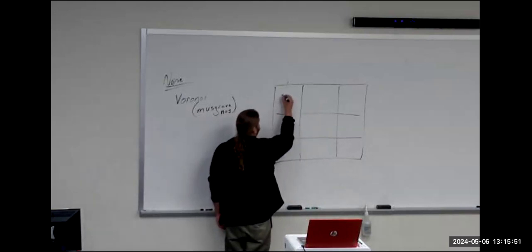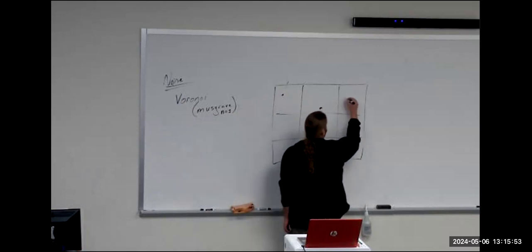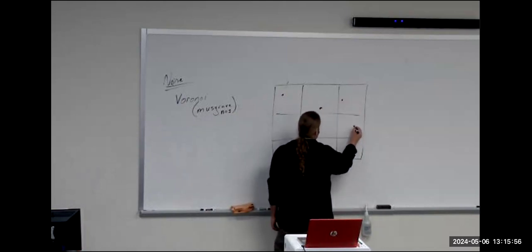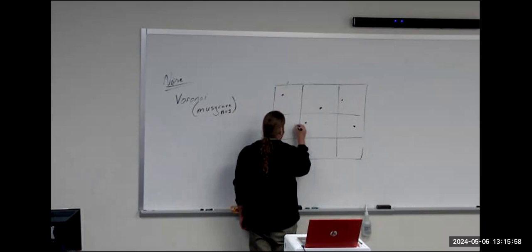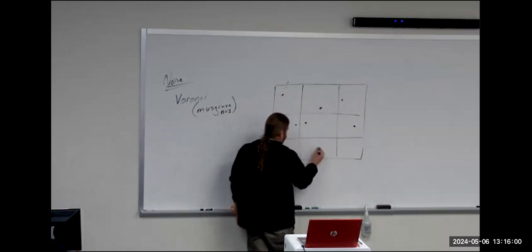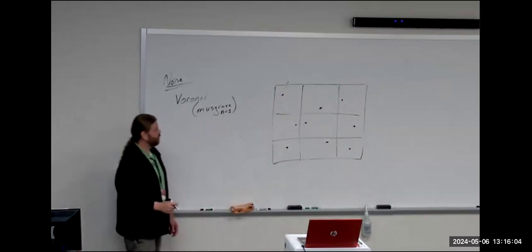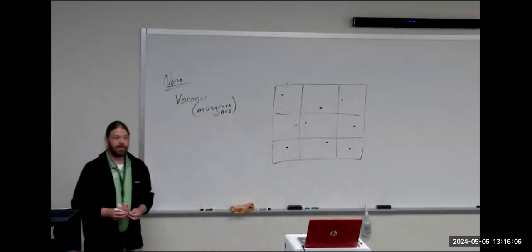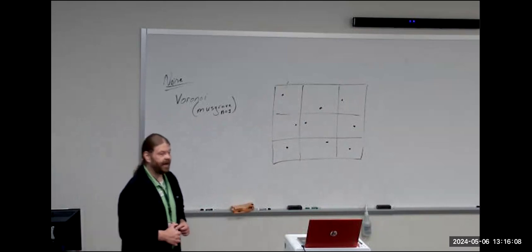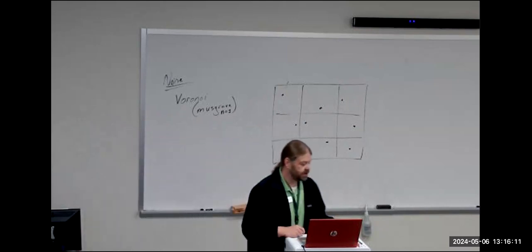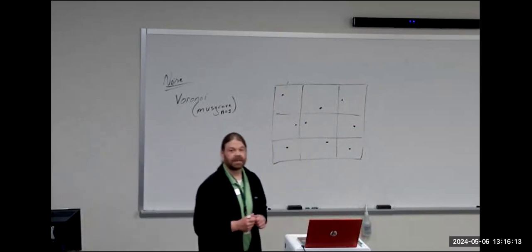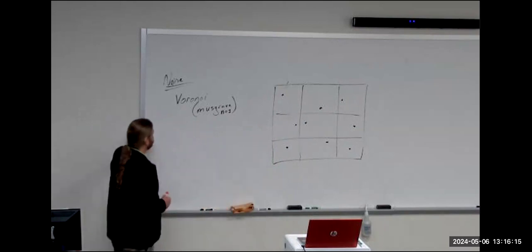So maybe we'll grab this one, and then this one over here, over there, one there, one there. Something like that. We have a random point in each one, and then we go through every point in that grid and figure out which of those random points it's closest to. And that's what n equals 1 is.